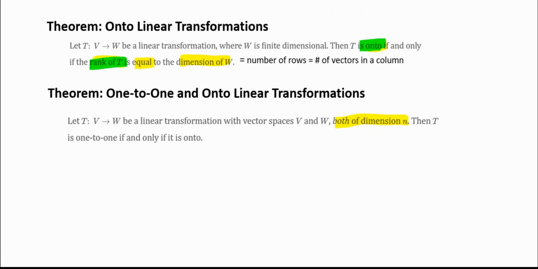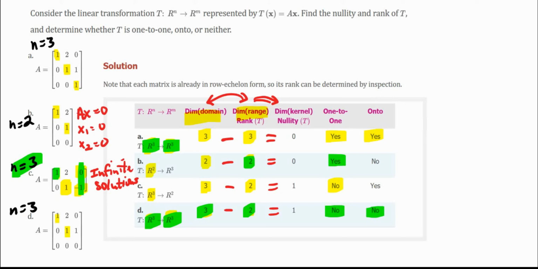Over here, this should be the number of columns, and I'll fix that up right when we get through. My phone was talking.